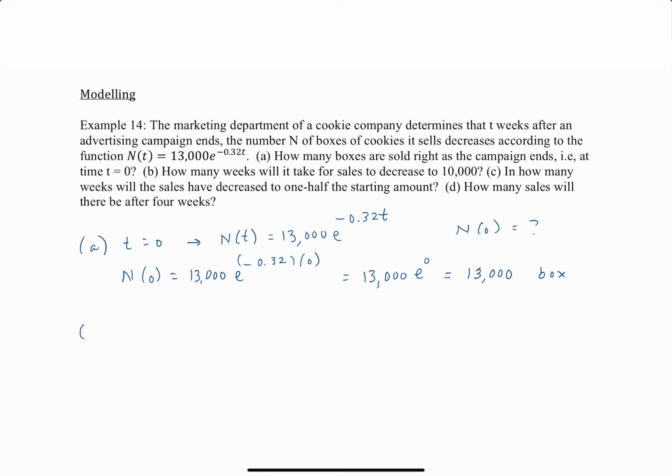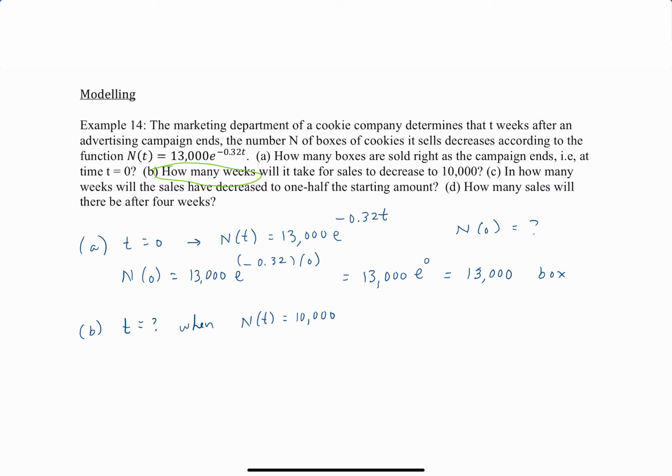Next question. How many weeks will it take for sales to decrease to 10,000? Notice this time we're not given a time amount. In fact, time is the question. How many weeks? In other words, t is what when N(t) equals, what's that number they gave us? 10,000.